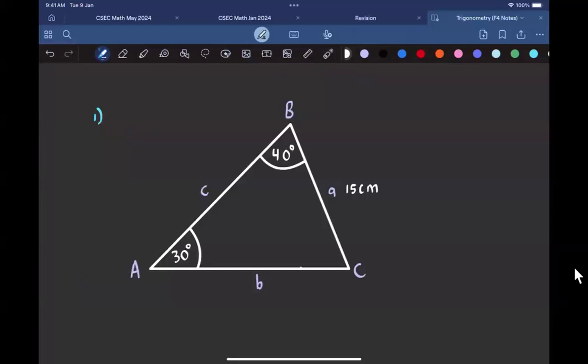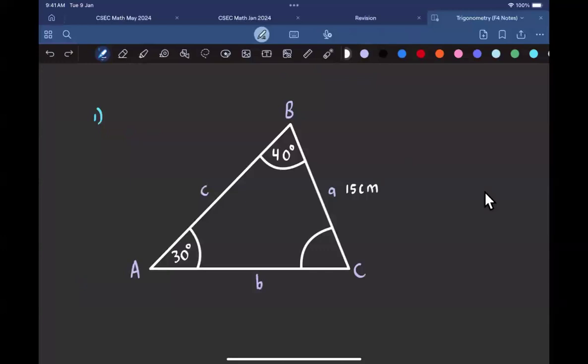I just put in some extra information to tie up. So if this is 40 and this is 30, how many degrees would this be? You have to know this.